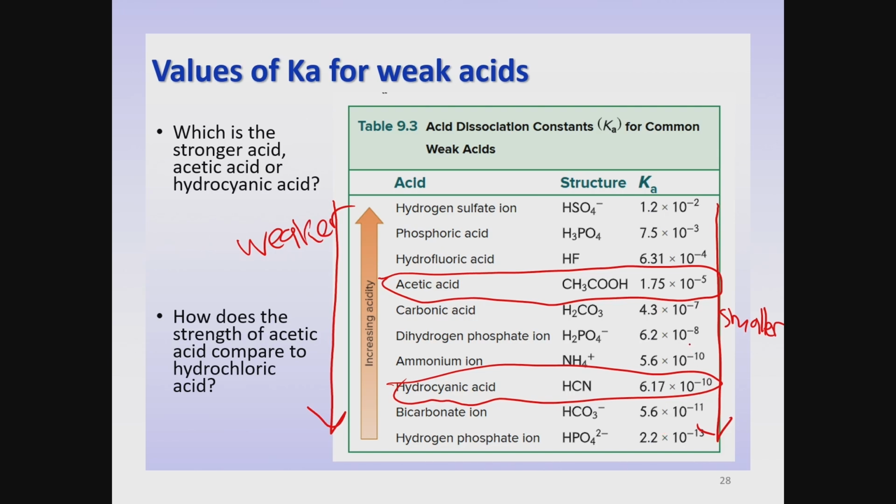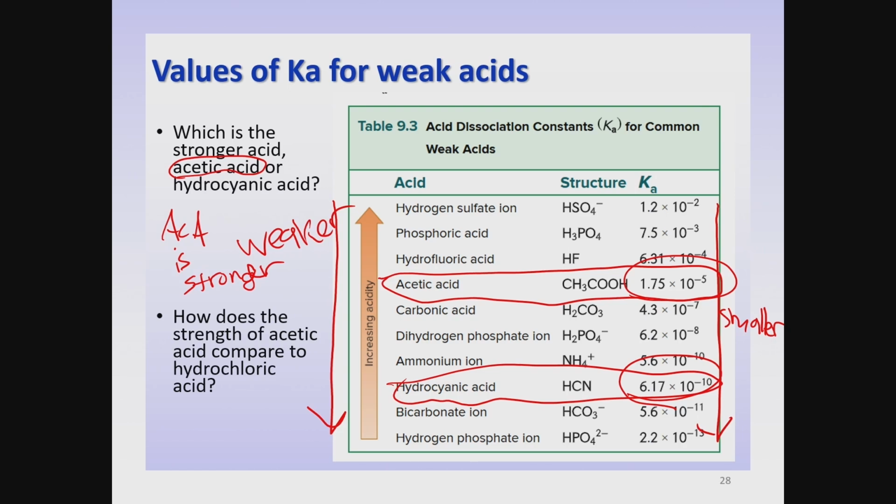So here, as the Ka gets larger and larger, then the acid gets stronger and stronger. So between 6.17 times 10 to the negative 10 and 1.75 times 10 to the negative 5, acetic acid is the stronger acid. So it's this one. Acetic acid is stronger.